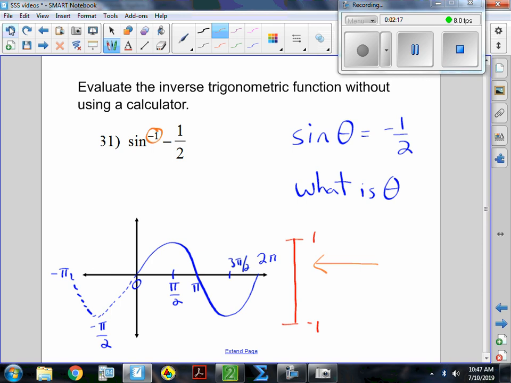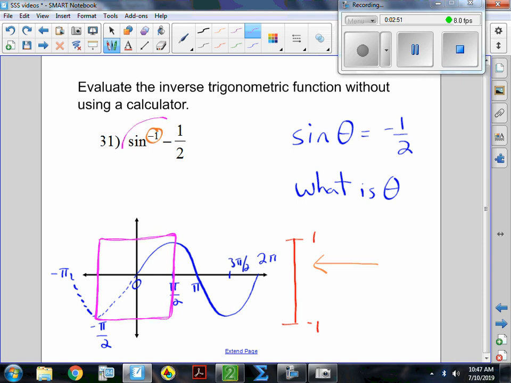So what we do is we restrict the original domain in blue to make sure that we have the original range in red covered, and then we use that when we answer inverse questions. So in order to find the domain of the original function, which is the range of the inverse, we're going to restrict from negative pi over 2 to pi over 2.